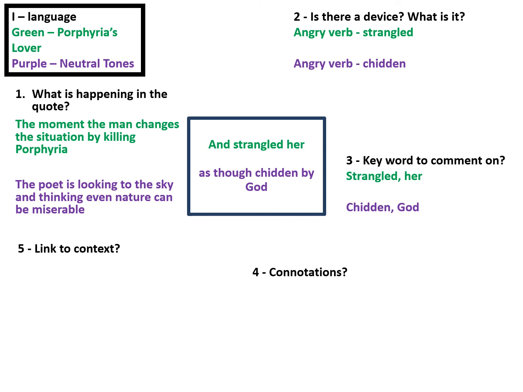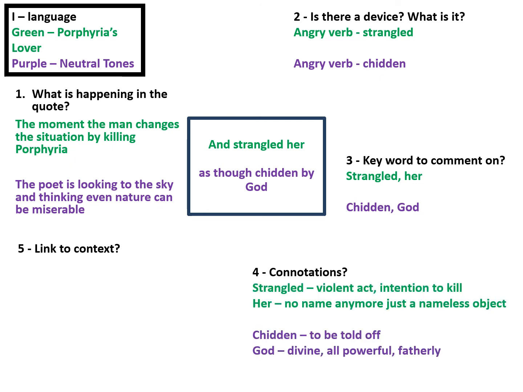Now on to question 4, connotations. These are the connotations of the key words you've picked out. So for me, strangled, I think of a violent act and the intention to kill. For her, all that says to me is that this woman has no name anymore. She has just become a nameless object.